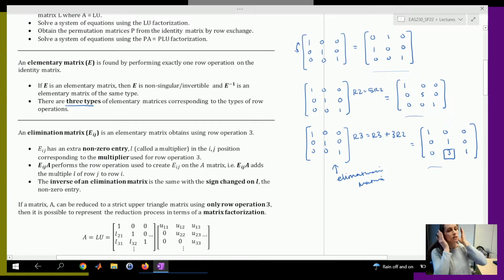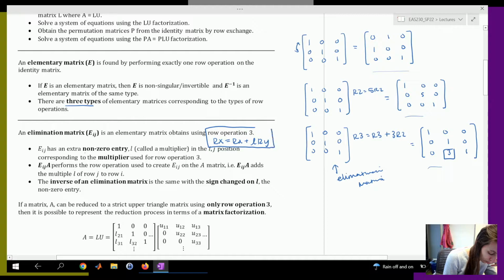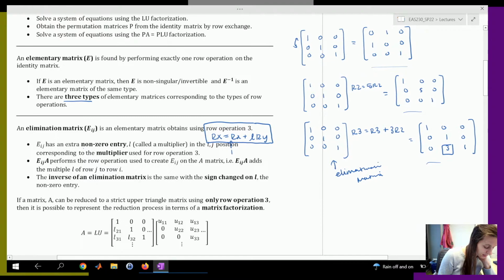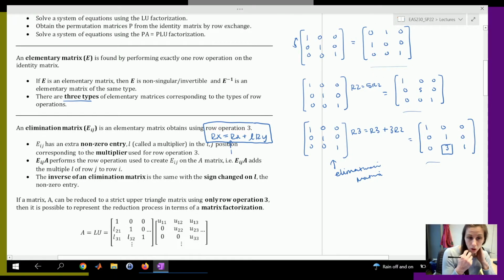And you'll notice that for an elimination matrix, we use row operation 3, which is defined strictly as row x equals row x plus some multiple of row y. So this is strictly row operation 3, where there's a 1 here, so the row we're replacing is not multiplied by a factor. Keep that in mind. And what happens is E_ij, as we'll call it, has an extra non-zero entry l in the ij position.